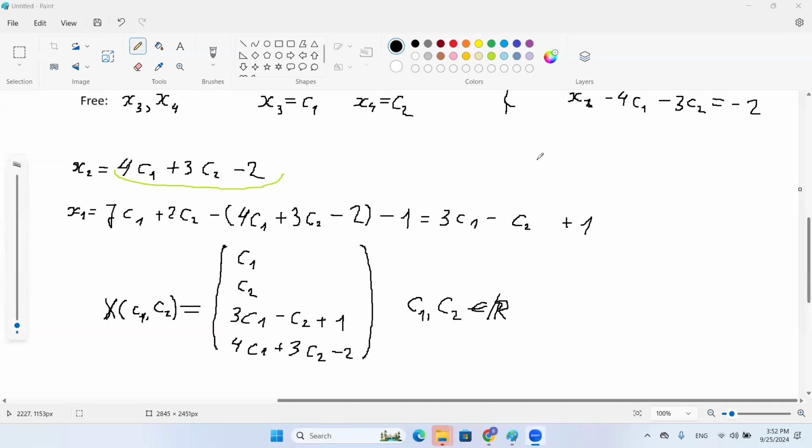Okay, Daria. A fundamental solution is a solution which corresponds to zero values of the unknowns.